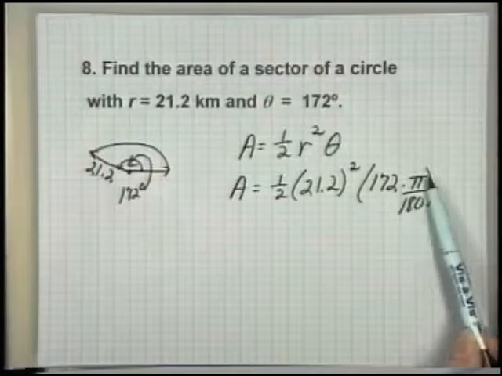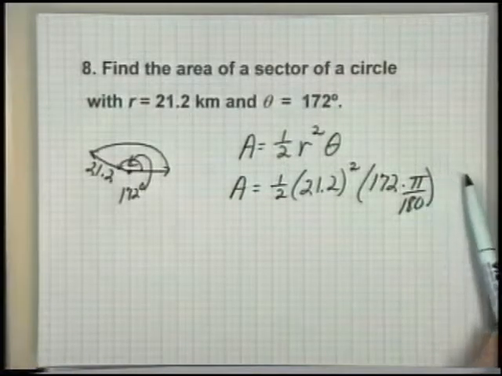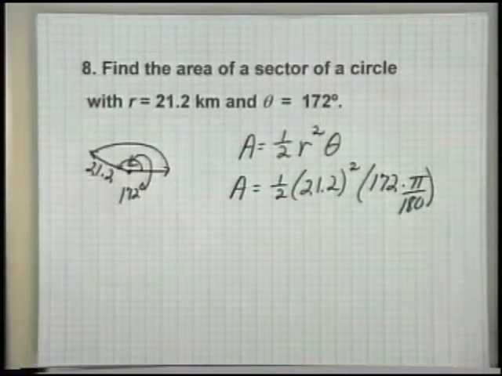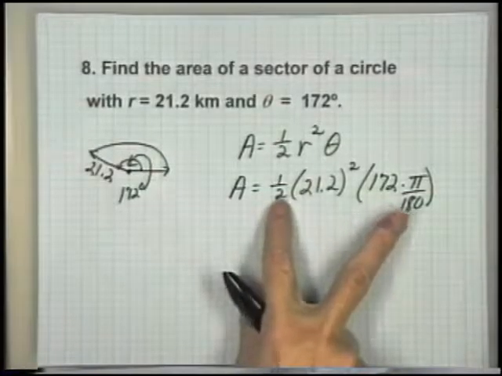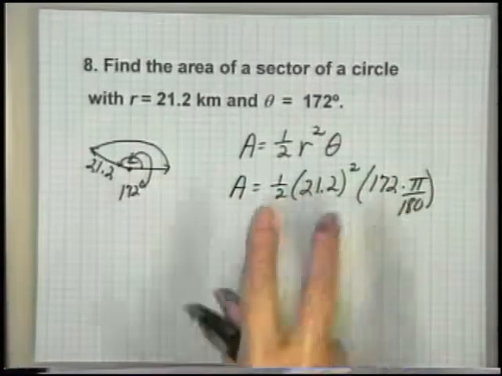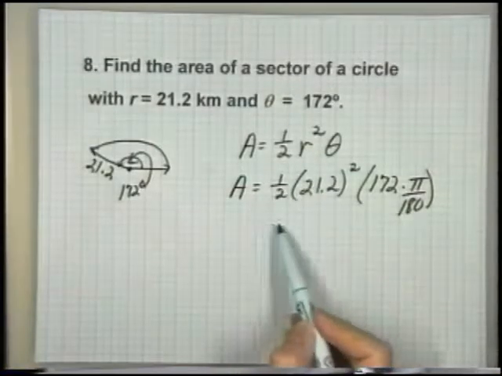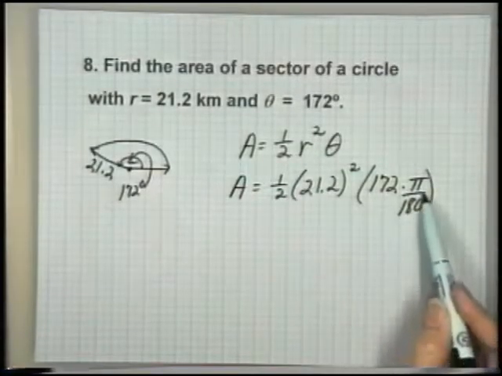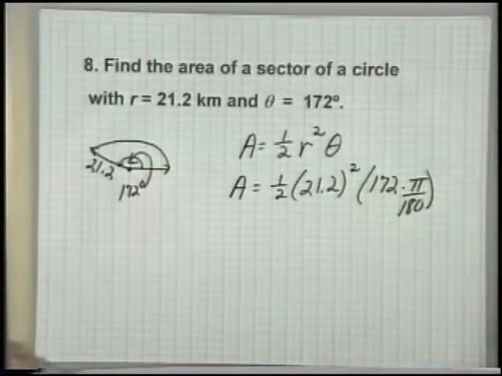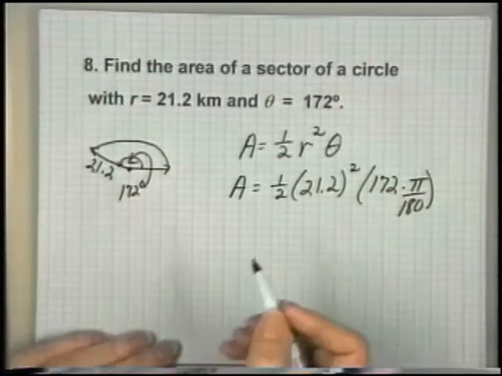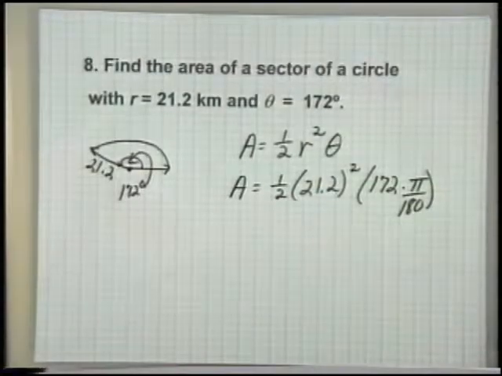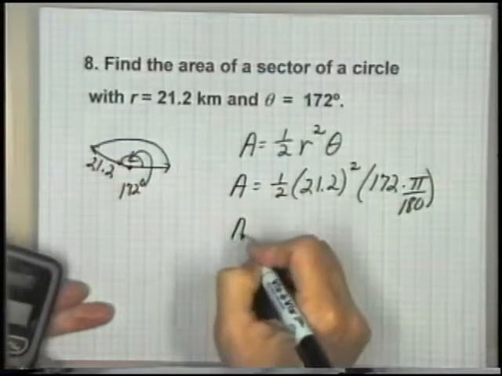I'd multiply that times 172, multiply that times pi, and then I would divide by 2 times 180. So one way to do it would be push divided, parentheses, 2 times 180, close parentheses, and push your equals, or your enter, depending on what type calculator you're using.